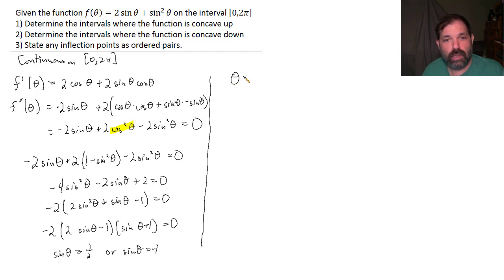So if sine theta is 1/2, then on 0 to 2 pi, theta is pi over 6 or 5 pi over 6. If sine theta is negative 1, that means theta is 3 pi over 2.